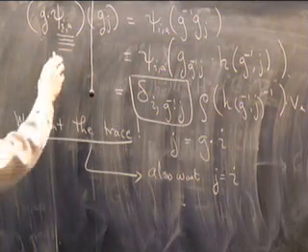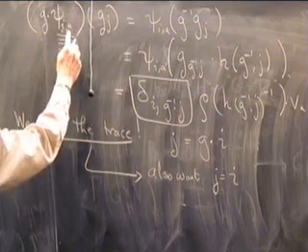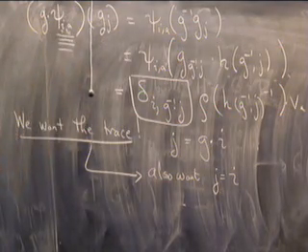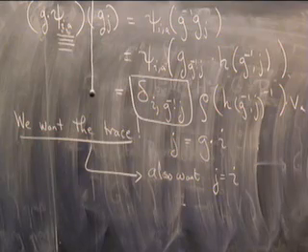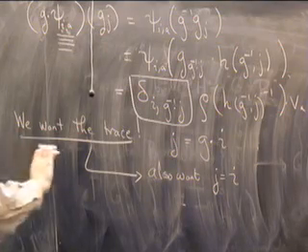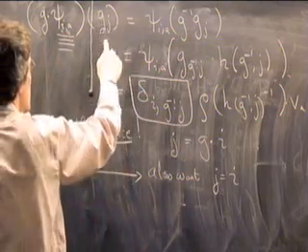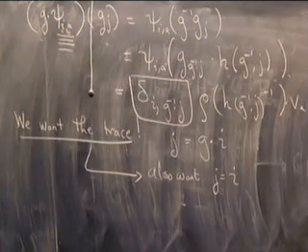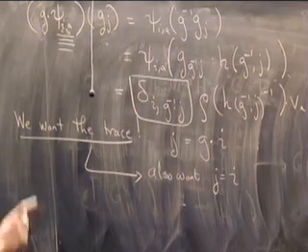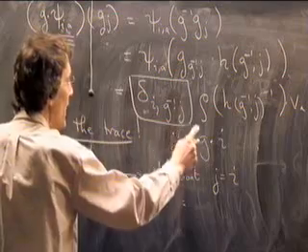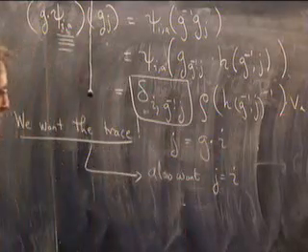We're acting on psi_I, and we only want the overlap with psi_I. Now, psi_I is supported on g_j for j equals i. That's the only place where it's non-zero. On the other hand, by our calculation, it's supported on j such that j equals g dot i.